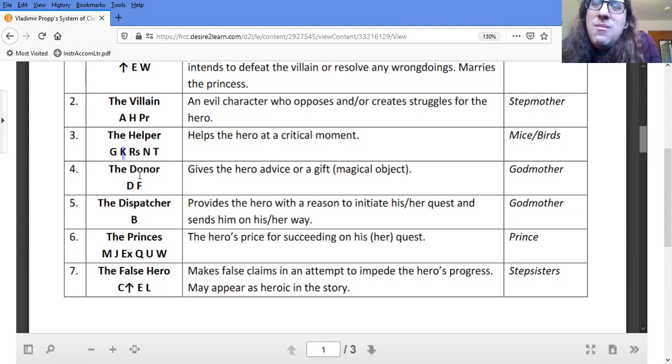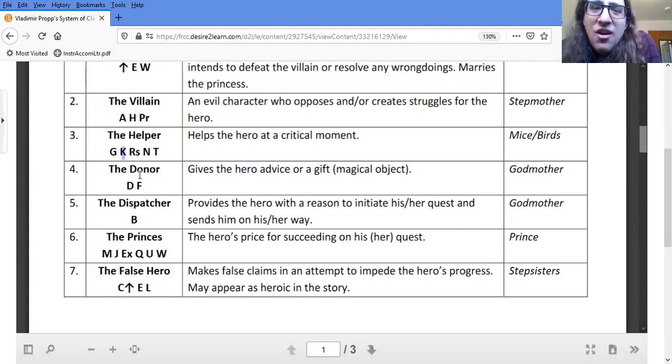You could argue maybe in the Raven Girl that this is the original queen who sent the Raven Girl out into the forest. But in another sense, it's kind of tricky to fit into some stories. But just anybody who sends the hero on their way fits into category B, or into the category of the dispatcher.